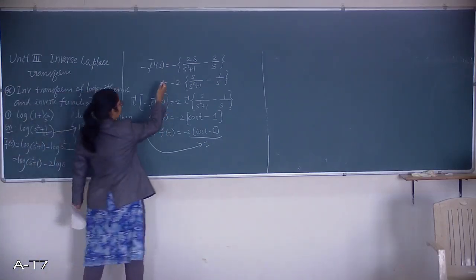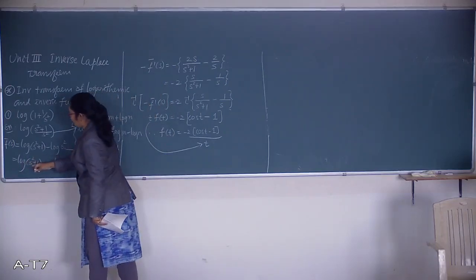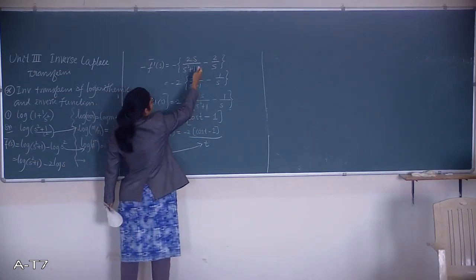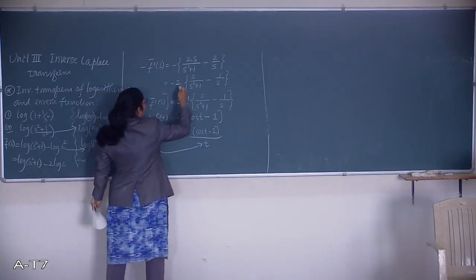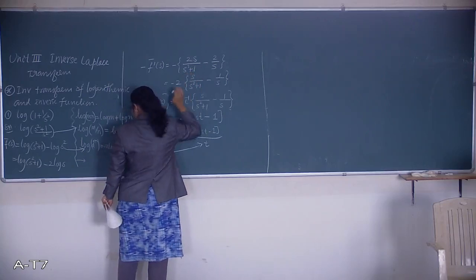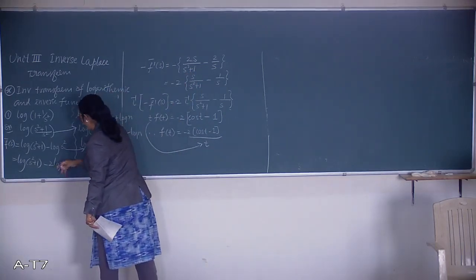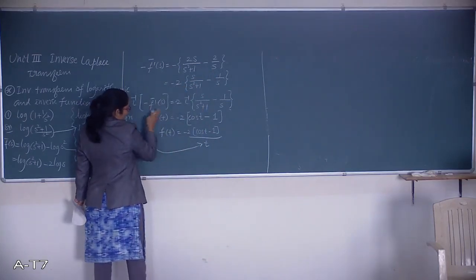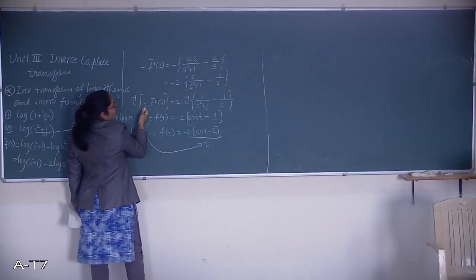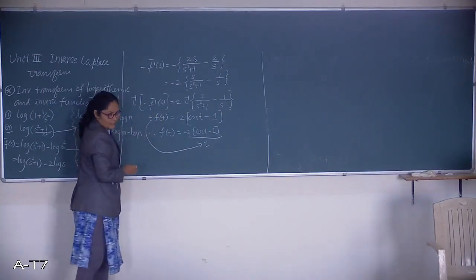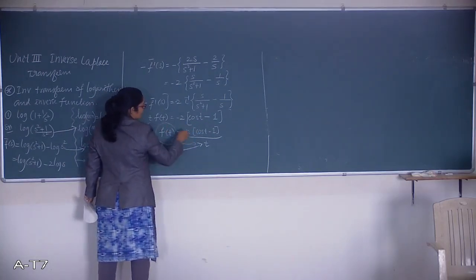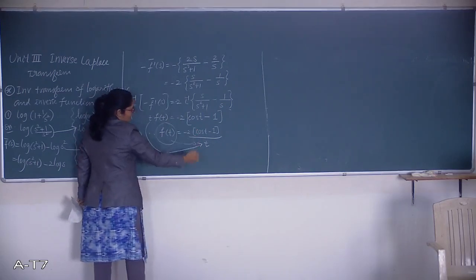Then s square I have to differentiate, so log of s square plus 1 will be 2s upon s square plus 1, and here 2 by s common, for t, and that is the parameter of RHS.